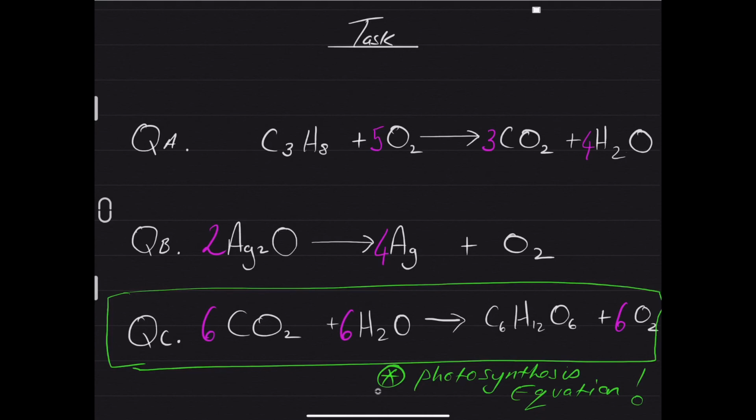The reason I've put it here is because it is a question that can be assessed both in biology and chemistry, so just be aware of that. By learning this equation, you help yourself out in biology and chemistry.